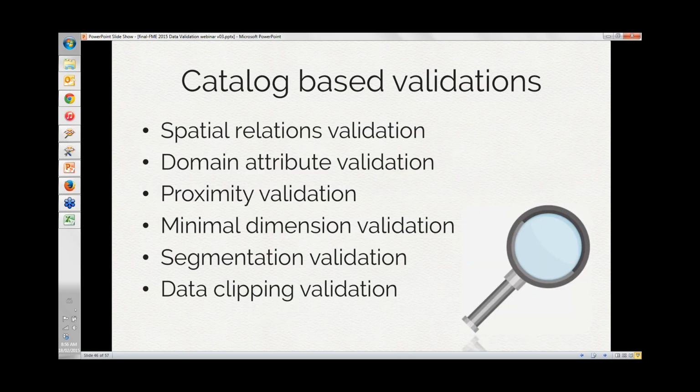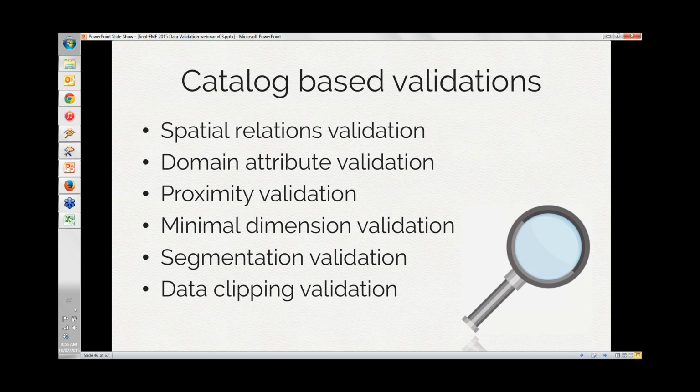They have based their validation on what they call a catalog-based validation, and actually that catalog is interesting. It's based on an ISO standard, ISO 19110 compliant, and it's an XML file that defines the set of rules that you want to validate against in a catalog, and then they can read that data.